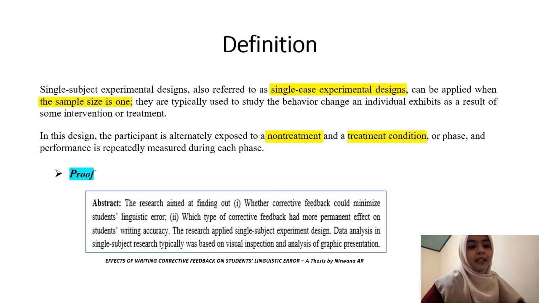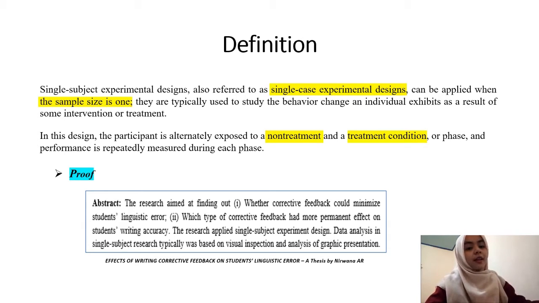In single subject experimental designs, the participant is alternately exposed to the non-treatment and a treatment condition or phase, and performance is repeatedly measured during each phase.